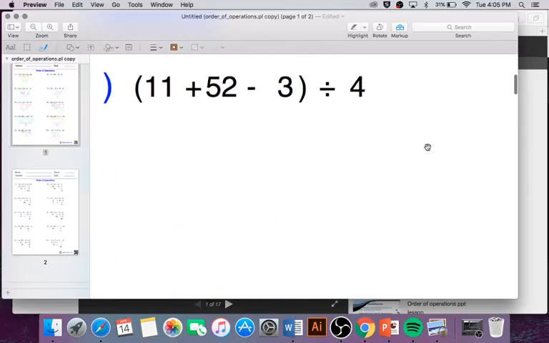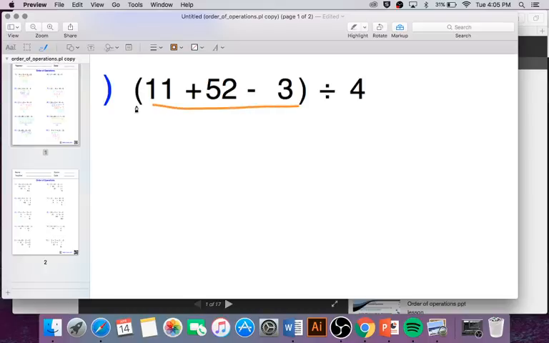And our last problem, we have 11 plus 52 minus 3 in parentheses divided by 4. So first thing we're going to do is solve what's in the parentheses. We have addition and subtraction, so we're going to solve those in the order that they appear. So we have 11 plus 52, which is 63, minus 3, which will give us 60.